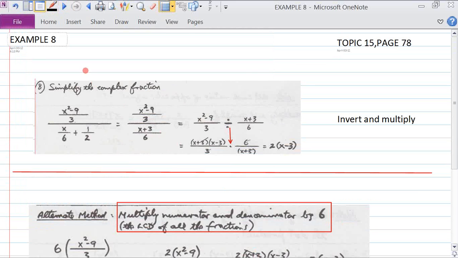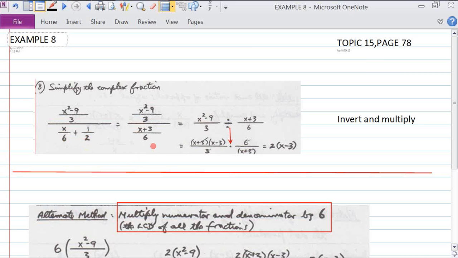Now, simplify the complex fraction. It's complex because we have a fraction on the numerator and we also have a fraction on the denominator. So really what we do here, first of all, we get a common denominator here.